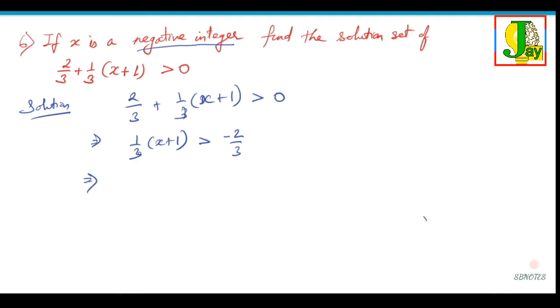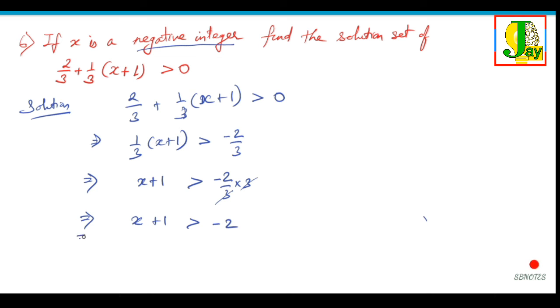How do we remove it? By multiplying both the left hand side and right hand side with the same number. So multiplying by 3, we get x plus 1 greater than minus 2 by 3 into 3. We have multiplied and cancelled this 3. Here also it gets cancelled. So we have x plus 1 greater than minus 2.